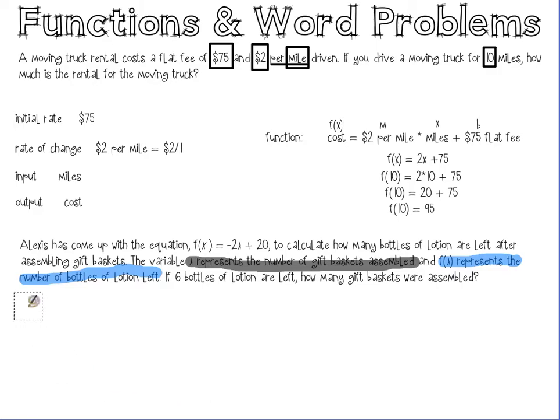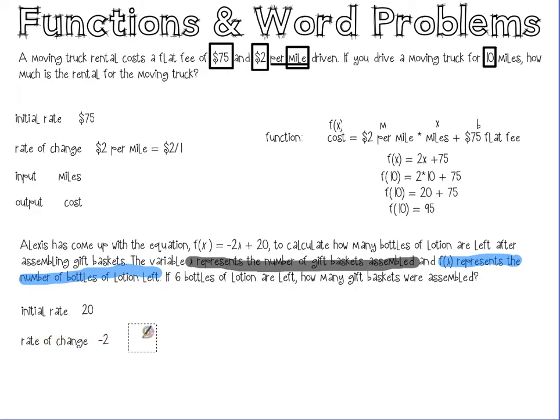So in this case, our initial rate is 20 because that's our y-intercept. So you can work backwards too. Now you have the function, so you know your initial rate is 20. I don't know what that 20 means because I don't really have enough information, but that is my initial rate. And then I know that my rate of change is -2.